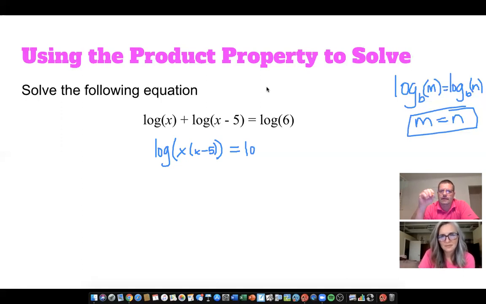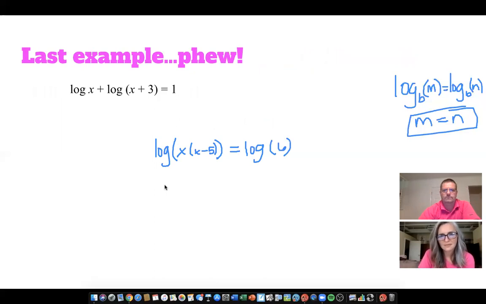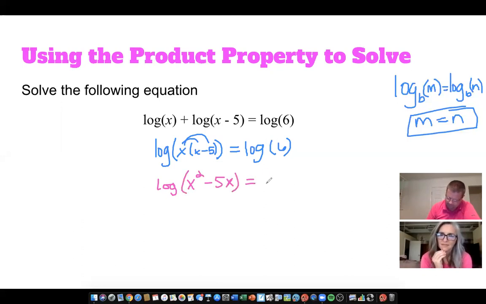What I'm going to get in that logarithm is log of x squared minus 5x, and that's going to equal log 6. And now we have a log equal to a log.